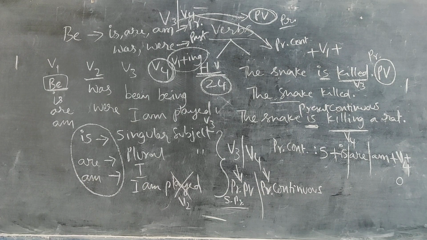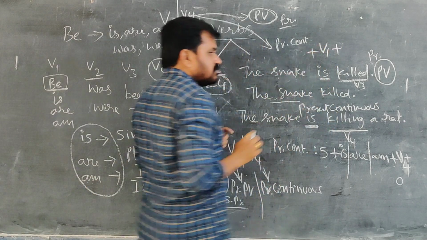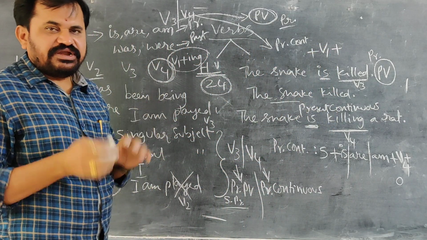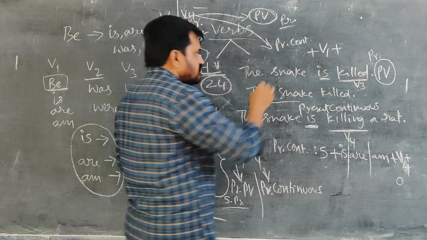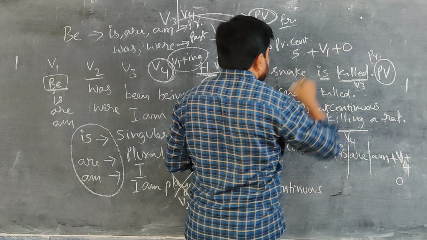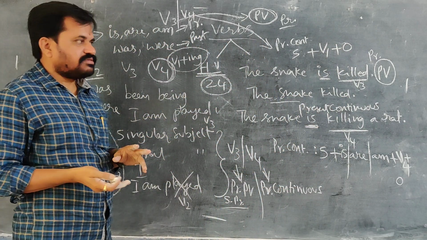Regarding verb pattern, we have to think V1 indicates present tense, that also simple present tense. Before is subject, after is object. So subject plus V1 plus object is simple present tense.